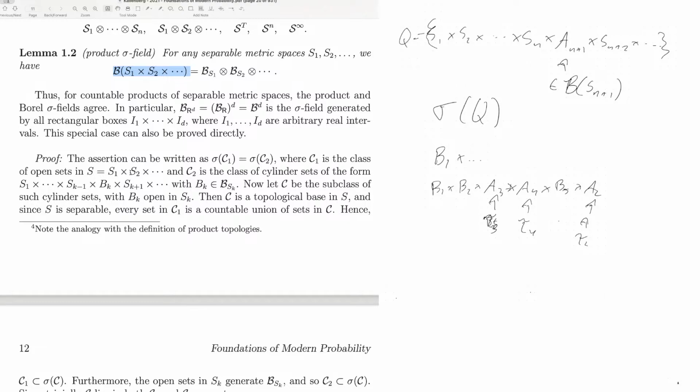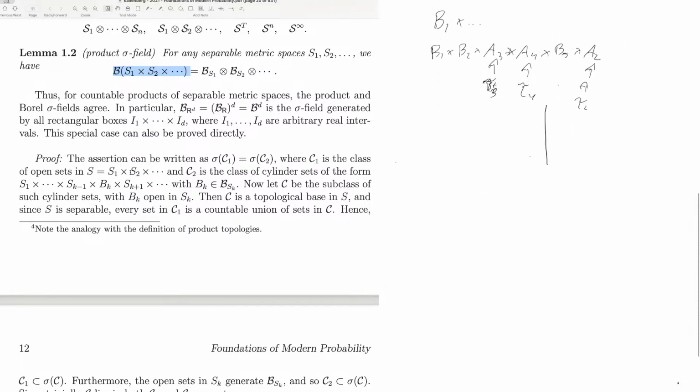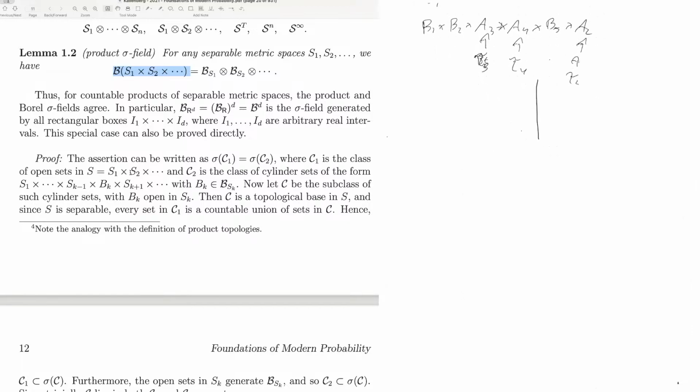So basically, what I need to show is that C1 is a subset of sigma of C2, and C2 is a subset of sigma of C1. And then I think that's fine.